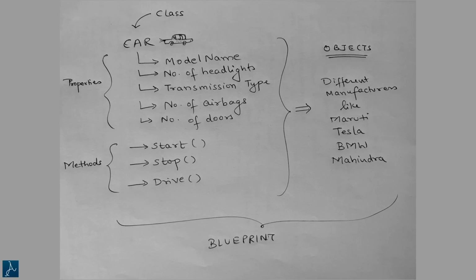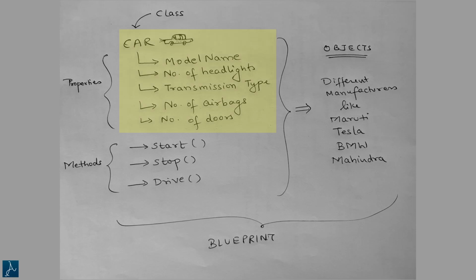Now, with this example in mind, I can create a blueprint for a car. That means I can create a class named car that can have different properties and methods, also known as behaviors. That means a class named car can have the following properties.